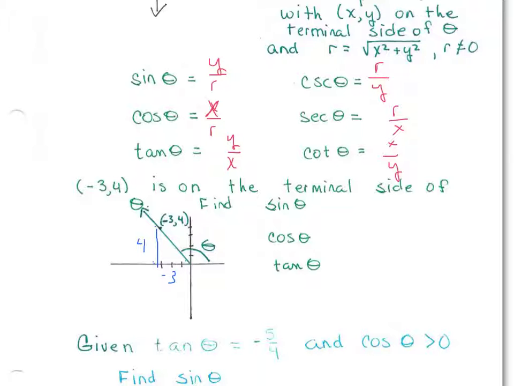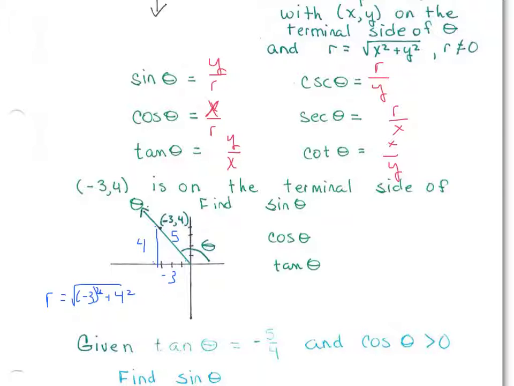And so what is r? 5. r is 5. And if you don't know that right offhand, you could always find that by taking the square root of (-3) squared plus 4 squared. However, those are numbers that come into play a whole lot, and so that's 5.